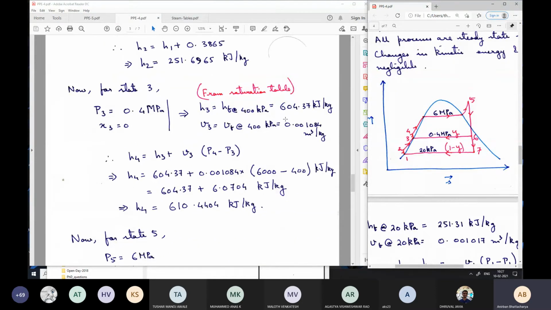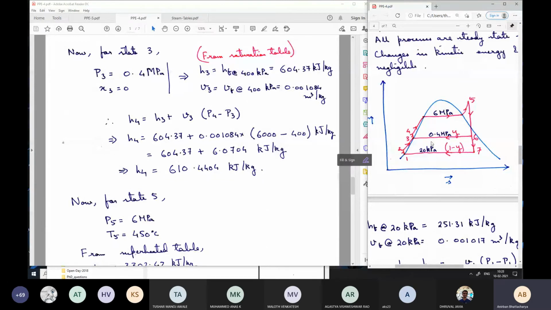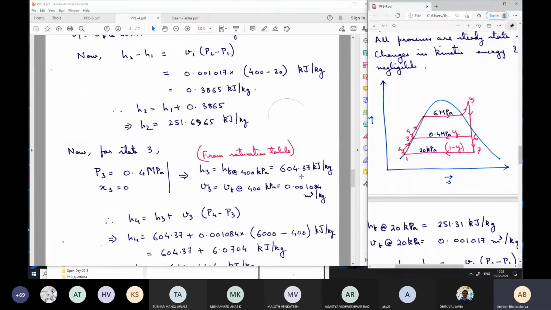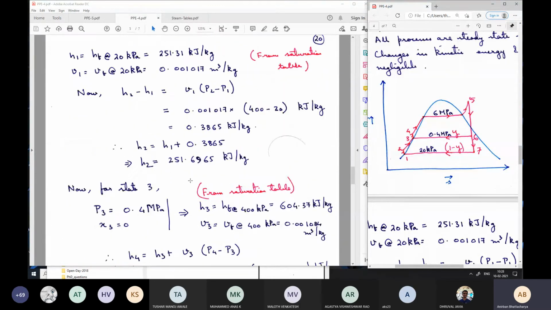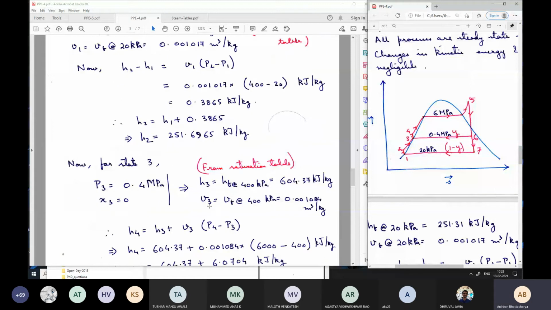So H2 is 251 and H3 is 600. So around 350 kilojoule per kg. So on one side you have 2000 kilojoule per kg of loss. On the other side you have just 350 kilojoule per kg of increase. As a result, the amount of steam that is required is much less, because per unit mass the energy decrease is much higher.